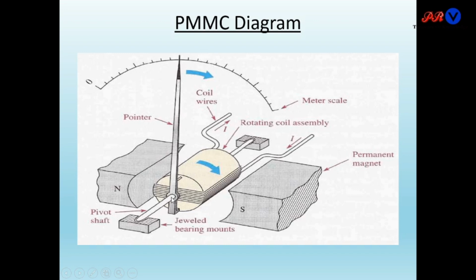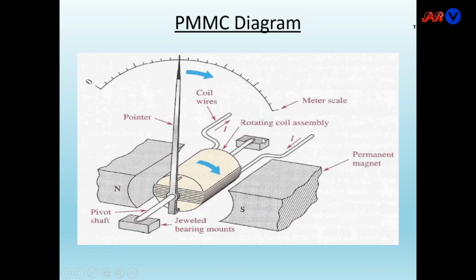This is the shaft of the coil through which the pointer will rotate, and this shaft is also free to move over the jeweled bearing mounts which are present on both sides, here and here.